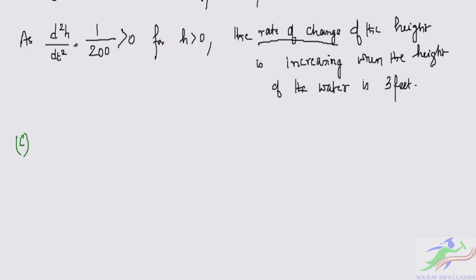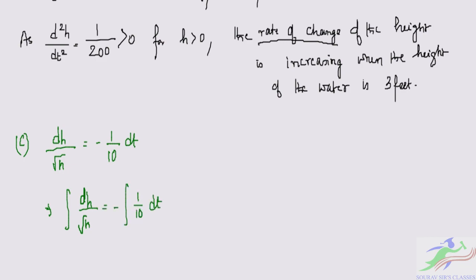For part C, we have dh/√h = -(1/10) dt. If we integrate on both sides, the integral of dh/√h equals the integral of -(1/10) dt.